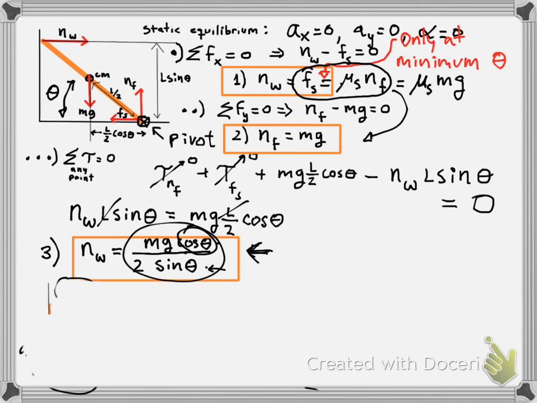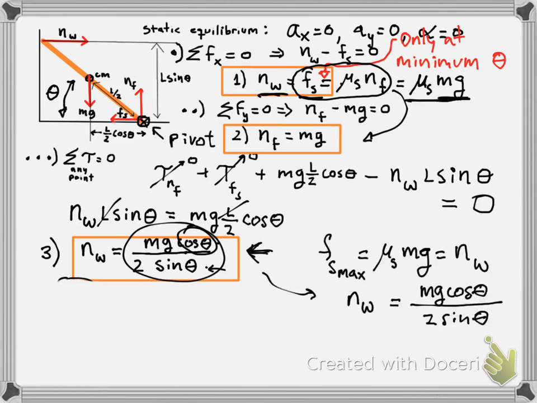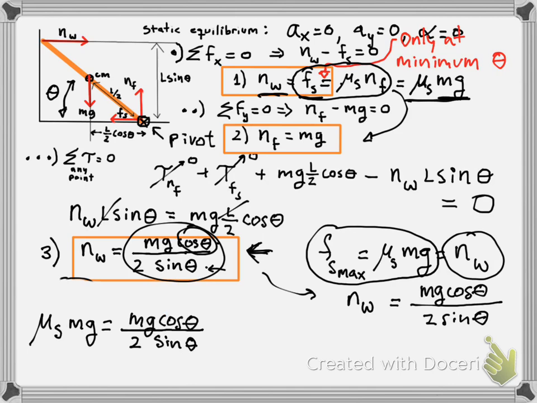Let's erase here some of this stuff that I did before. And what this says is that the maximum force of static friction is equal to mu sub s times the normal, which is mg, and that should be equal to N_w from equation number 1. But N_w we got from here, from the equation inside the orange square. That's mg cosine theta divided by 2 sine theta. So let's put those two things together, and we have mu sub s times mg, which is F sub s, equals mg cosine theta over 2 sine theta.